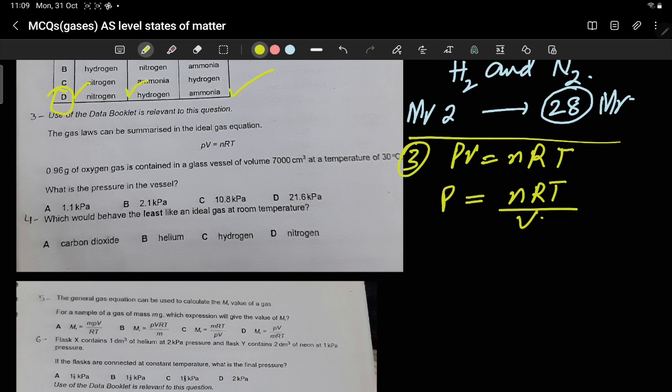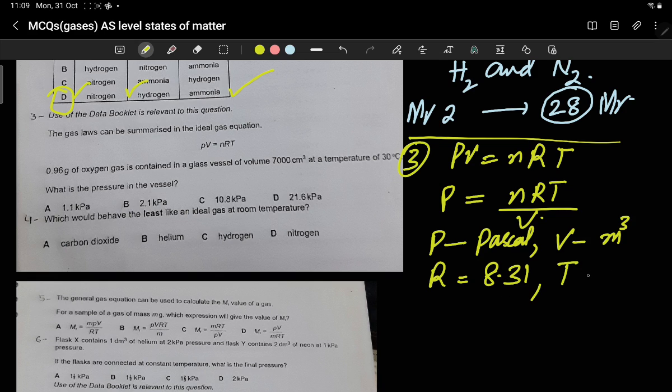For PV equals nRT, pressure is in Pascal, volume in meter cube, R is 8.31, the gas constant, and temperature in Kelvin.